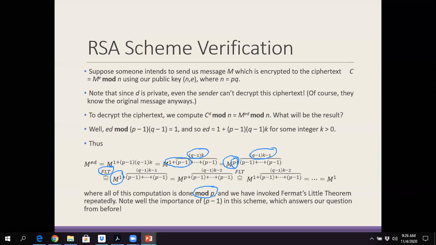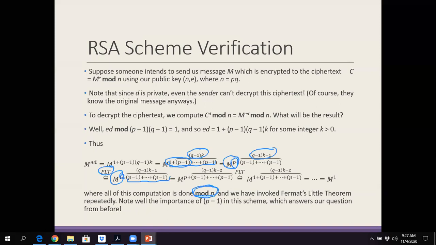And again, I'm working modulo P, and you might be saying, wait a minute, we're supposed to be working modulo N, not P. But just hang on, okay? I'm working modulo P here for a minute. But then what can I do? Well, now I'm back to where I was up here, basically. I have 1 plus a bunch of P minus 1s, yes?